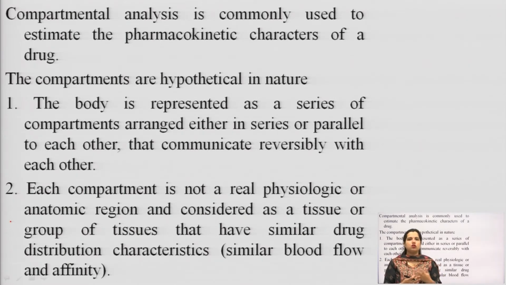Each compartment is not a real physiologic or anatomic region and is considered as a tissue or a group of tissues that has similar drug distribution characteristics, or we can say similar blood flow and affinity.